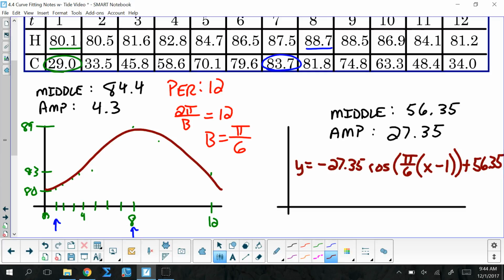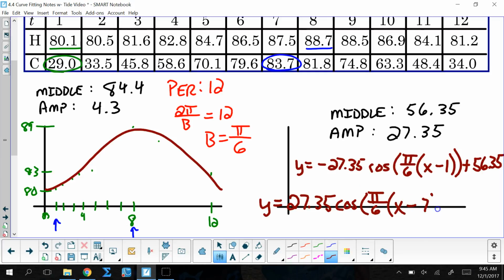Agree with that? If we start at the low. If we start at the high, it's 27.35 times the cosine of pi over 6 times x minus 7 this time, plus 56.35.